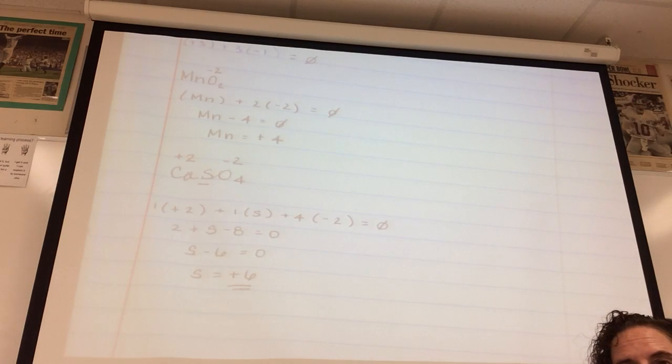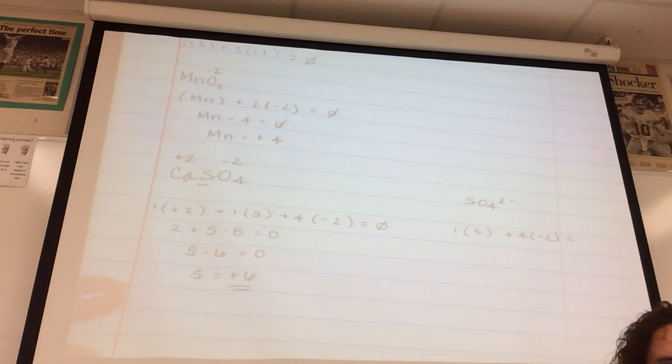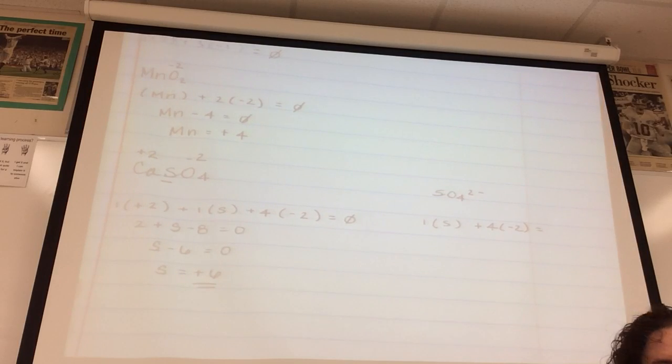If we're solving for a polyatomic like SO4, do we set it equal to the charge of the polyatomic? Yes, and here's that you can do it 2 different ways. So if you just wanted to go after the sulfate ion to find the sulfur, you've got 1 sulfur, 4 oxygen at -2, and what do you set this equal to? -2.